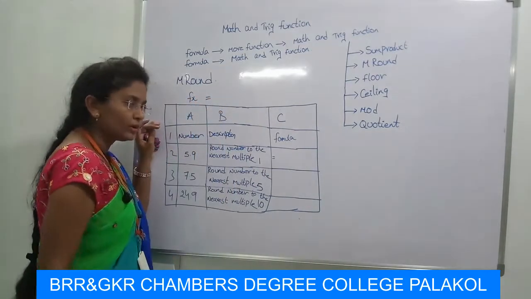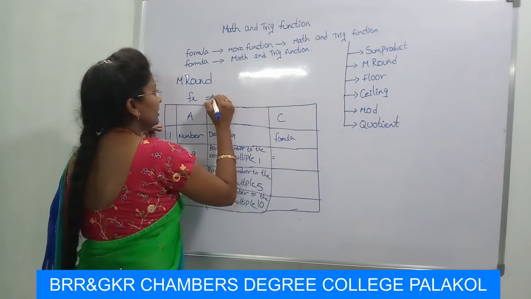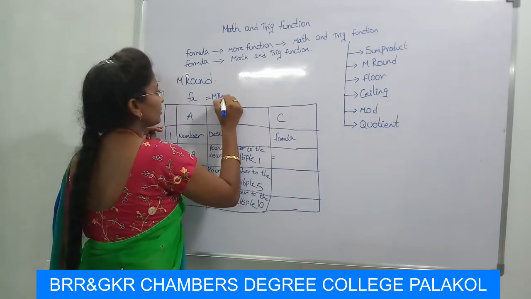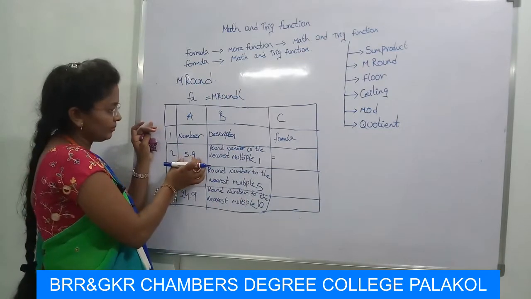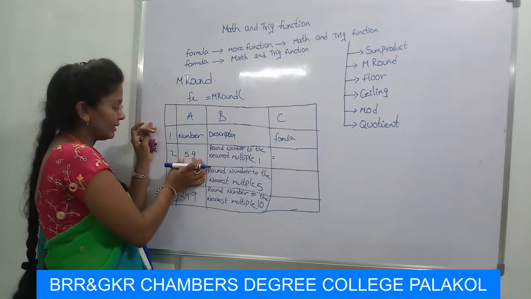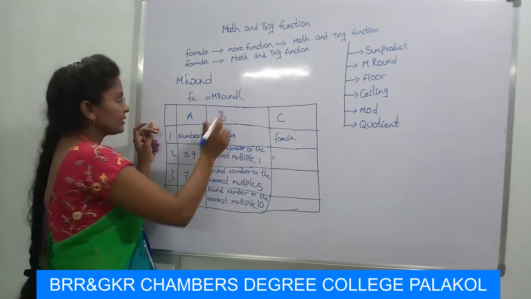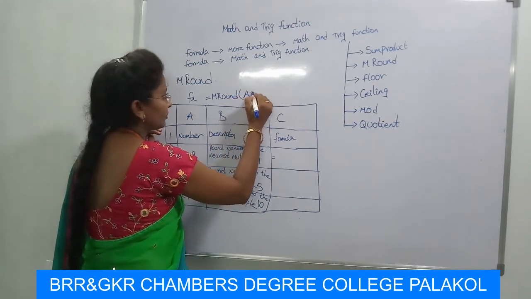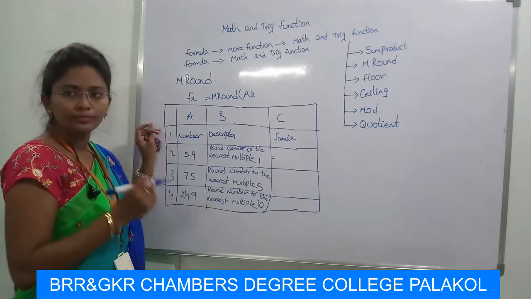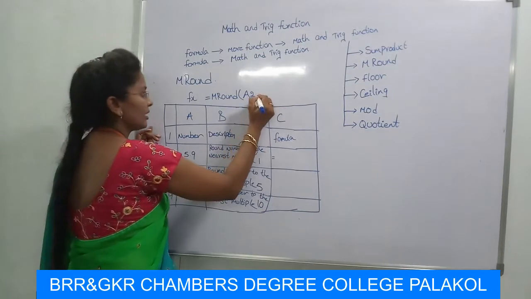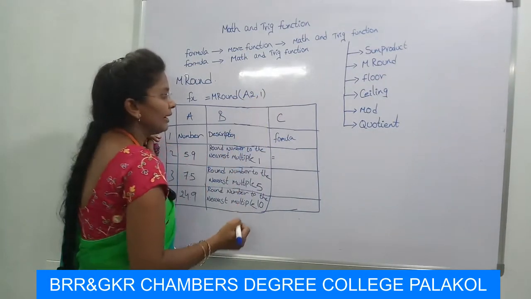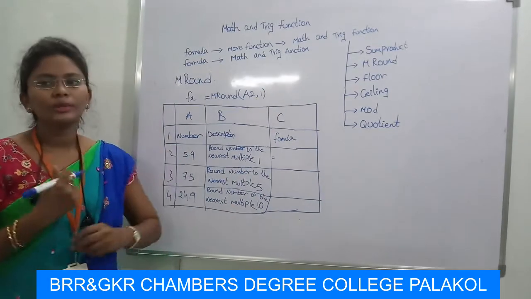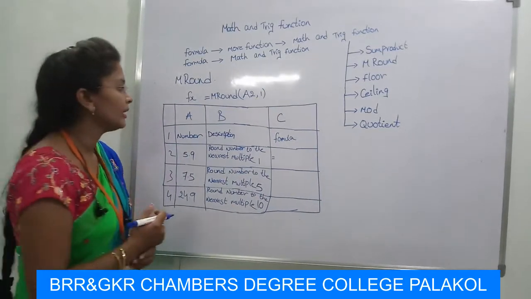The function name is mround, bracket open, and the number cell I have to select. That means number cell is A2, and then place the comma, and here the multiple is 1, and press enter. When you are pressing enter, it will show the answer in the C2 cell.